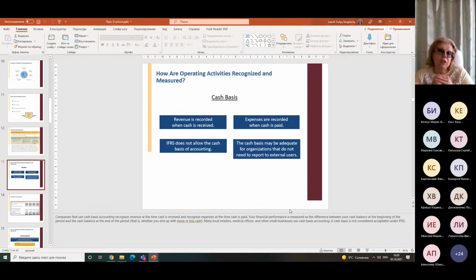There are two main approaches in accounting: cash accounting and accrual accounting. If we talk about cash accounting, on the cash basis, revenue is recorded when cash is received and expenses are recorded when cash is paid. But what is important is that IFRS and national standards of countries don't allow the cash basis of accounting.